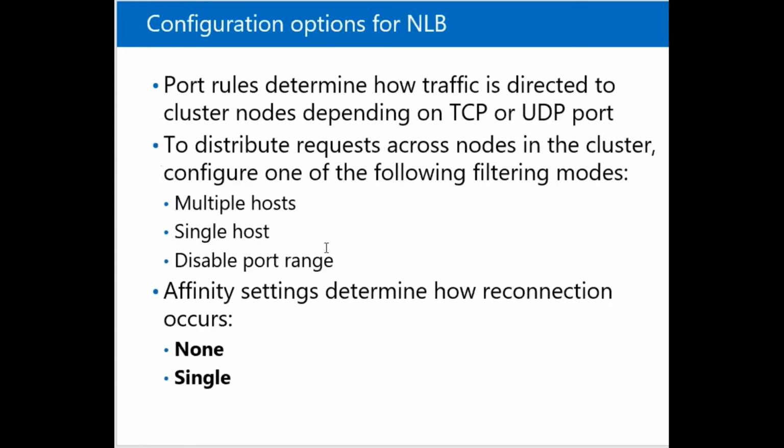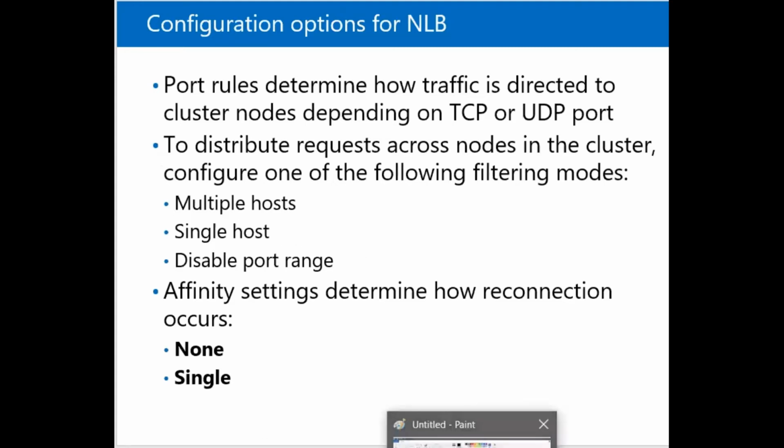Configuration options for NLB. Port rules determine how traffic is directed to cluster nodes depending on the TCP or UDP port. To distribute requests across nodes in the cluster, configure one of the following filtering modes: multiple host, single host, or disable port range. So how the distribution will happen from the node, we'll be able to configure.